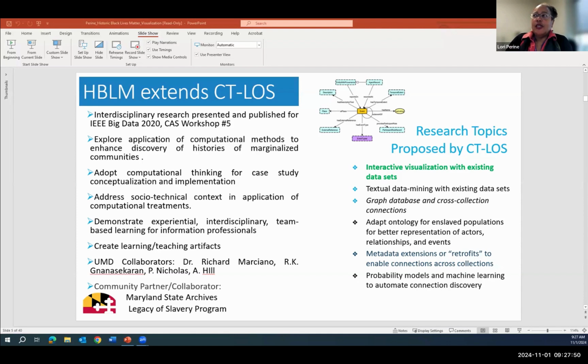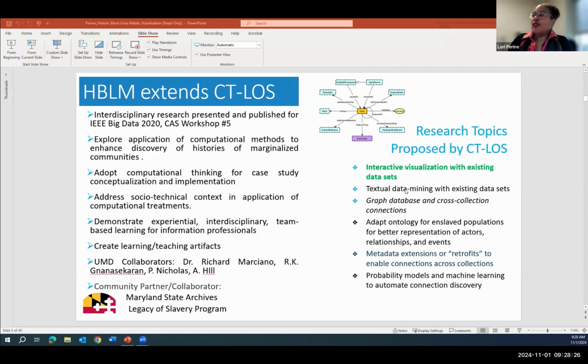And so our goal in CTLOS was to really look at how we can use computational methods broadly to look at archival records, enhance those histories, and gain some experience in using computational thinking and computational methods to open up those records to new analysis and to new knowledge. We were using interdisciplinary teams for that and creating some learning and teaching artifacts.